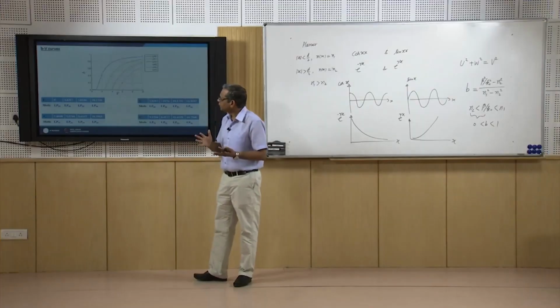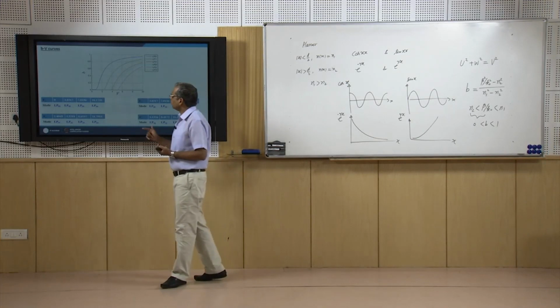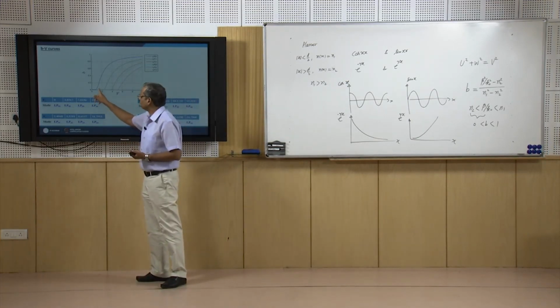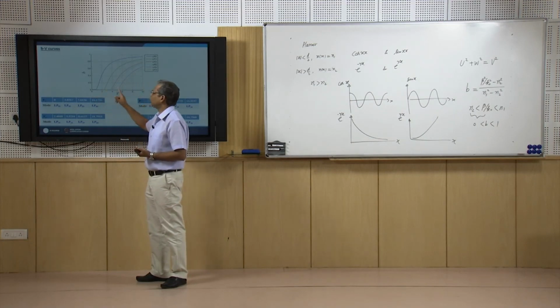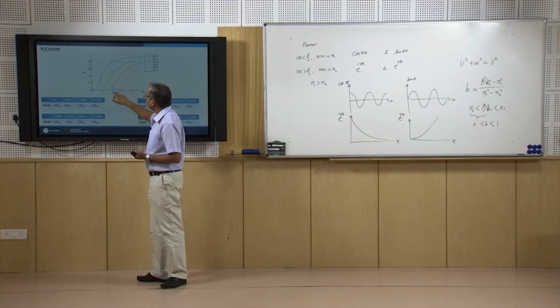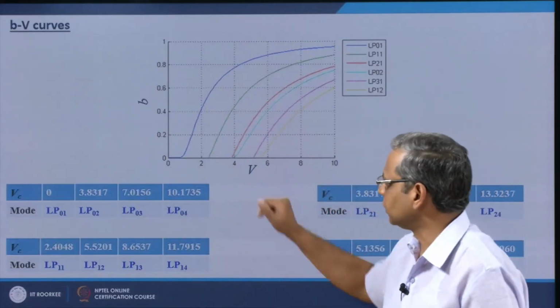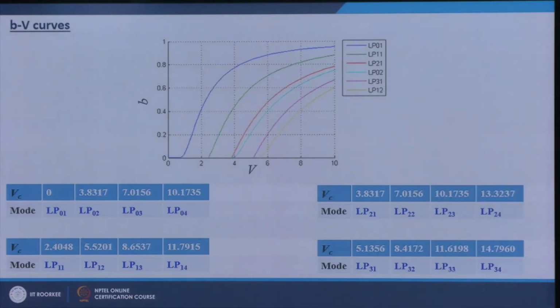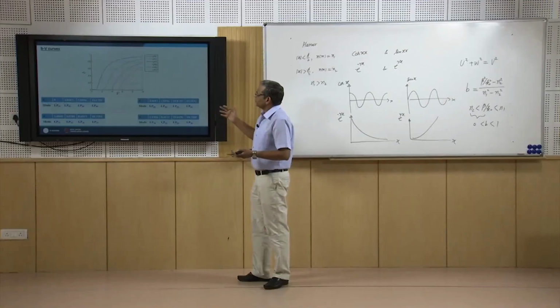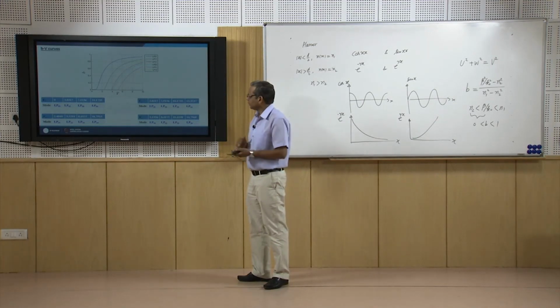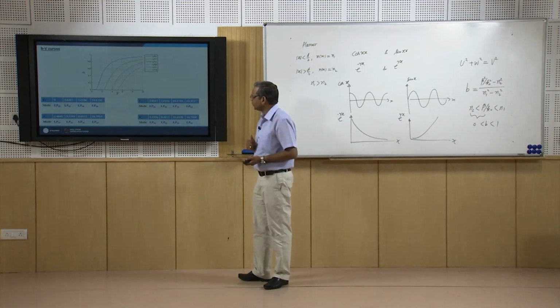So, I can see that a fiber would never guide 3 modes, either there would be 1, 2 or 4, because these 2 modes share the cutoff. So, these are b versus V curves and the cutoffs of various modes.